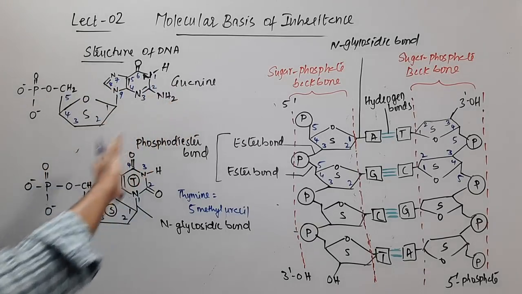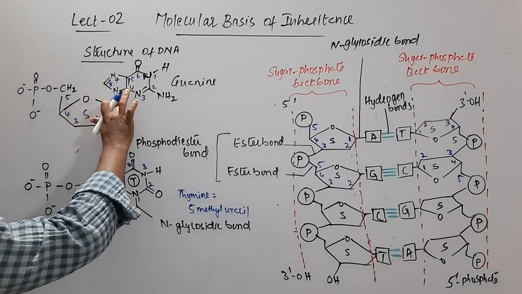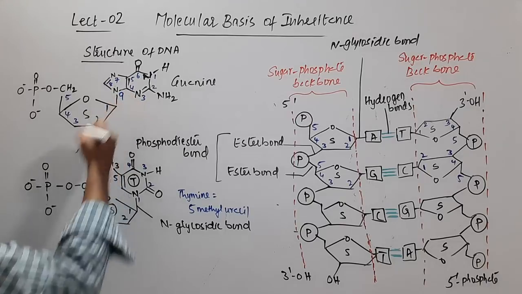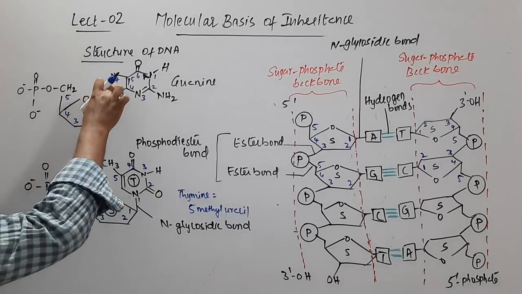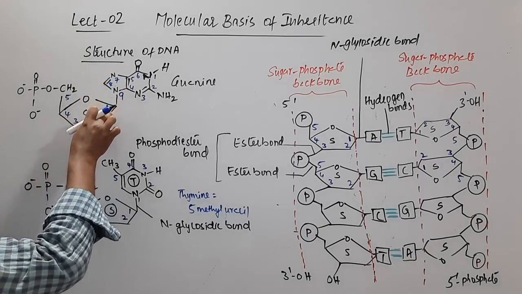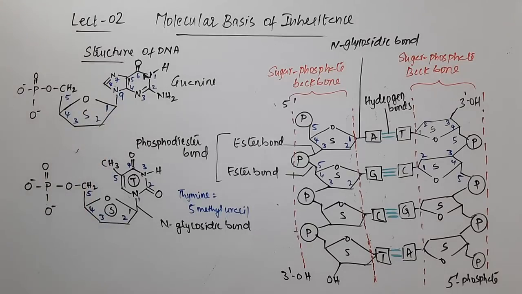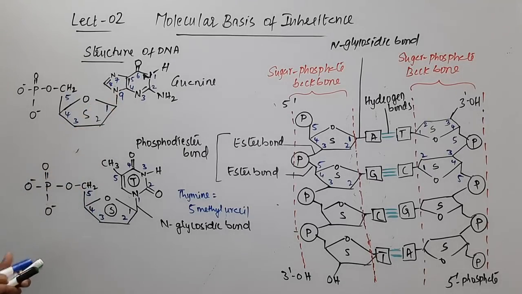Whatever it is, adenine and guanine, it will be the same. So between the ninth nitrogen and the first carbon of the pentose sugar there will be a bond, and that will be the N-glycosidic bond.